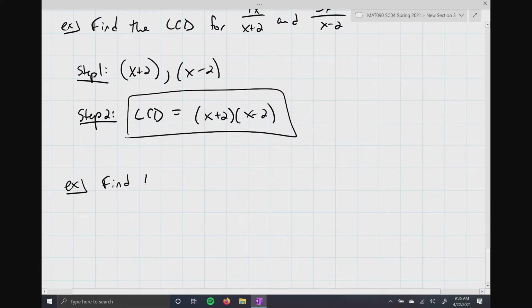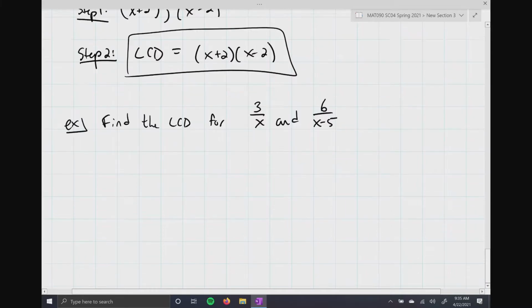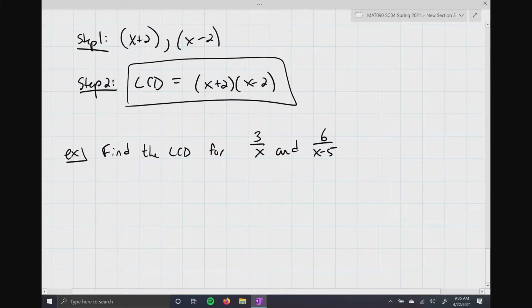Let's find the LCD for 3 over x and 6 over x minus 5. All right? Step 1, completely factor. I can't. They're already factored.